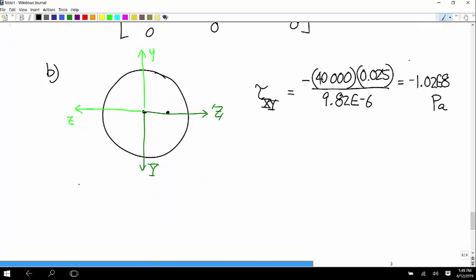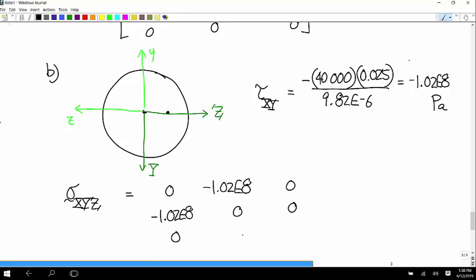And so our stress tensor in the temporary coordinate system is 0, negative 1.02 times 10 to the 8th, 0, negative 1.02 times 10 to the 8th, 0, 0, 0, 0, 0.